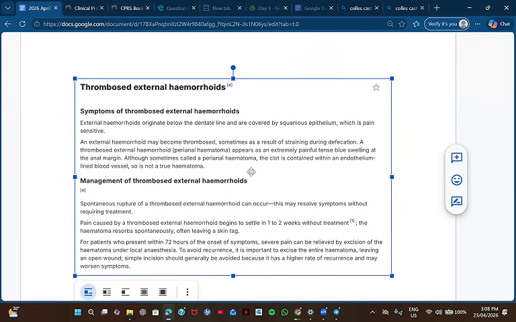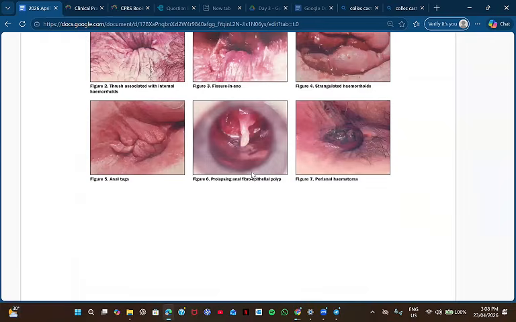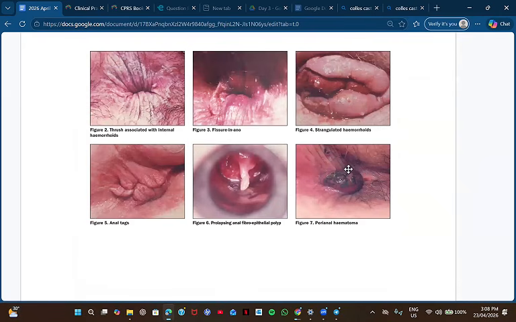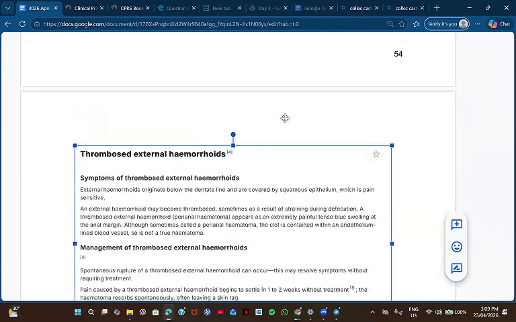A thrombosed external hemorrhoid we also call a perianal hematoma. Very important, but it's not an actual hematoma. It looks like a hematoma, but it's not an actual hematoma.